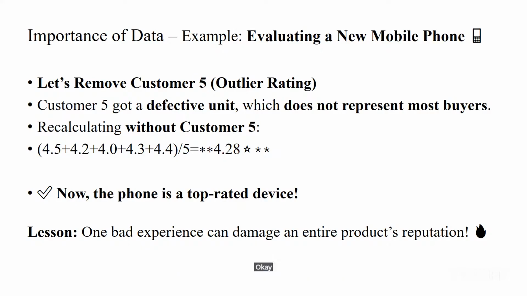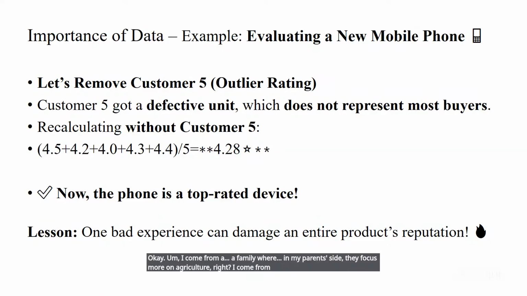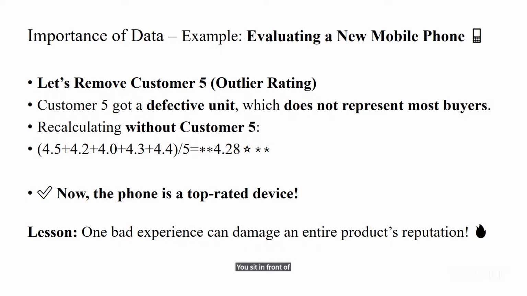Okay. I come from a family where my parents' side focuses more on agriculture, right? I come from an agricultural family. You sit in front of the farmers, you have rice with them. By mistake, on your plate, you waste 1 grain of rice.